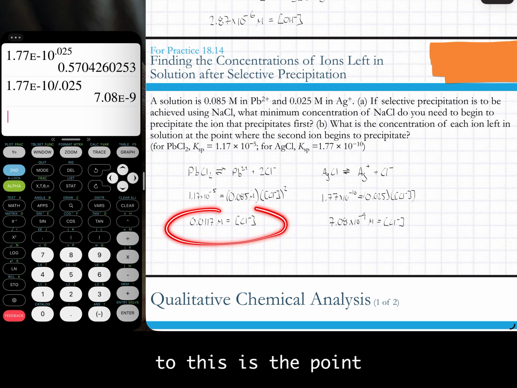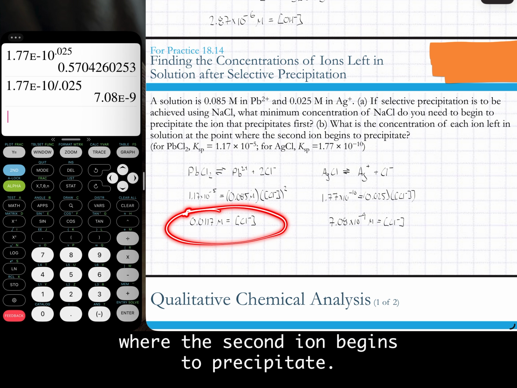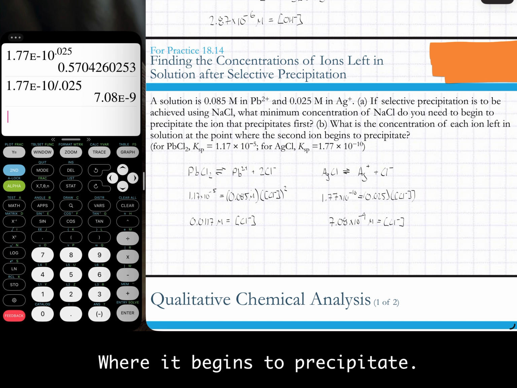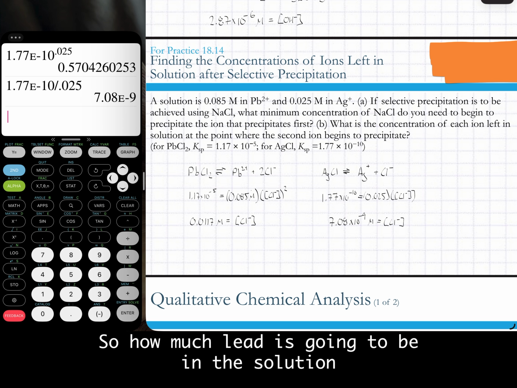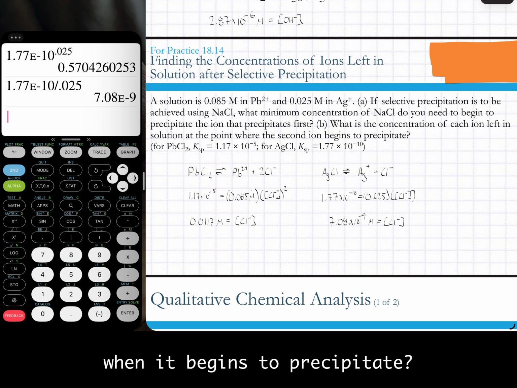So this is the point where the second ion begins to precipitate. How much lead is going to be in the solution when it begins to precipitate? Not after it's precipitated, right when it starts.